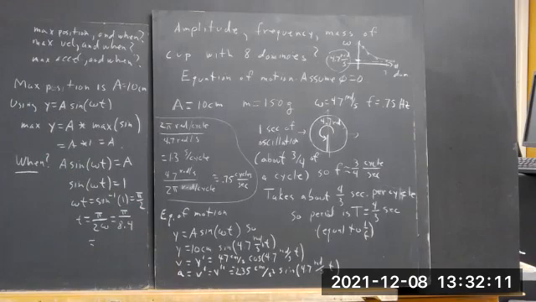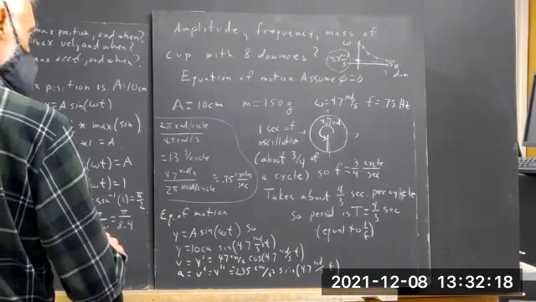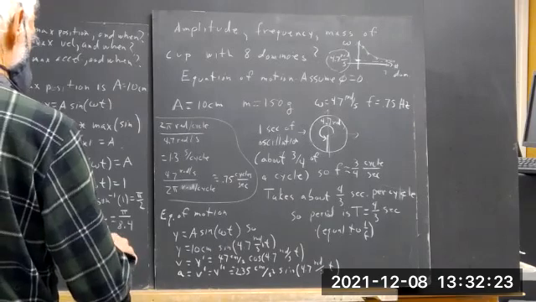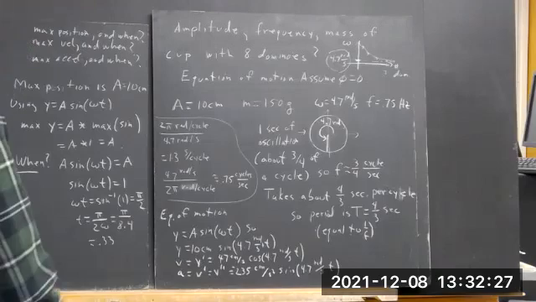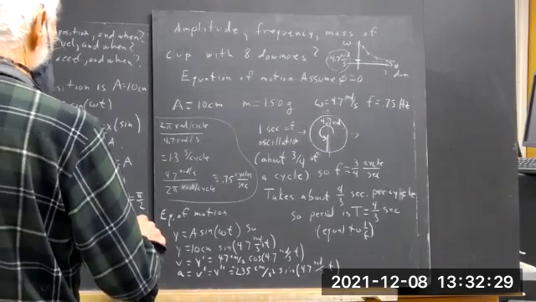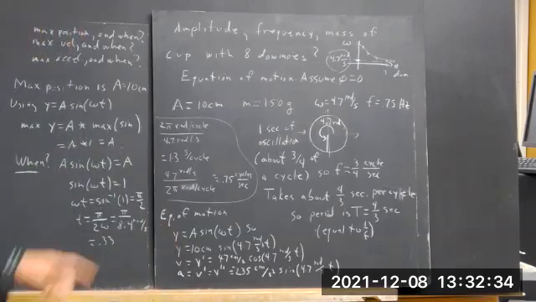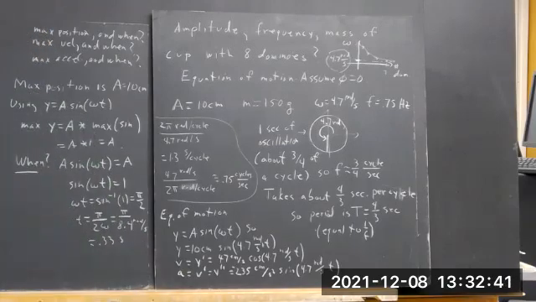And that's approximately pi over 8.4 radians per second, which is about 0.33 seconds.